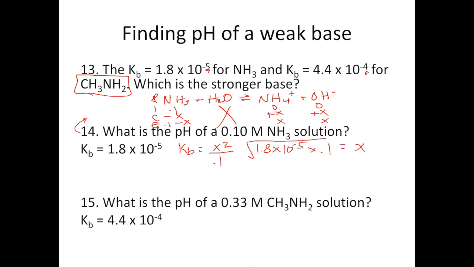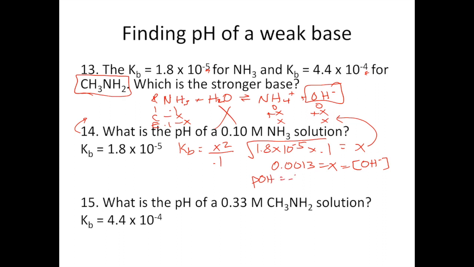So I take 1.8 times 10 to the minus 5 times 0.1 and take the square root in order to get x. So my x is 0.0013. X is my hydroxide ion concentration because I'm dealing with a base this time. So my X will be the concentration of OH minus. So if I need the pH, I've got to go from OH minus to pH. There's a couple things you can do.